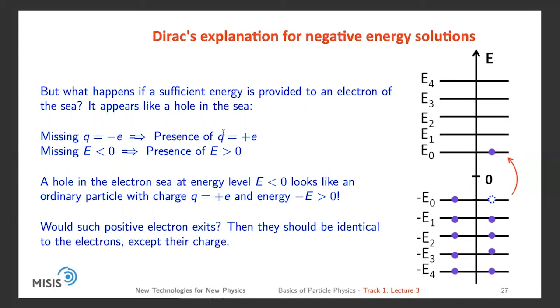Basically, the explanation was that a hole in the electron sea at a negative energy level looks like an ordinary particle with charge equal to plus e and energy minus E, which is greater than 0. And then the question is, would such a positive electron exist? If so, then such a positive electron should be identical to the electron except for its charge.